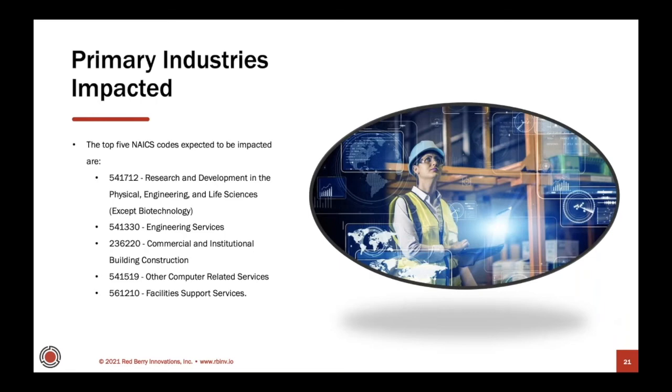The top 5 NAICS code industries expected to be impacted by this rule are as follows: research and development in the physical, engineering, and life sciences, except biotechnology; engineering services; commercial and institutional building construction; other computer-related services; and facilities support services. These NAICS codes were selected based on a review of NAICS codes associated with awards that included the clause at DFARS 252.204-7012.